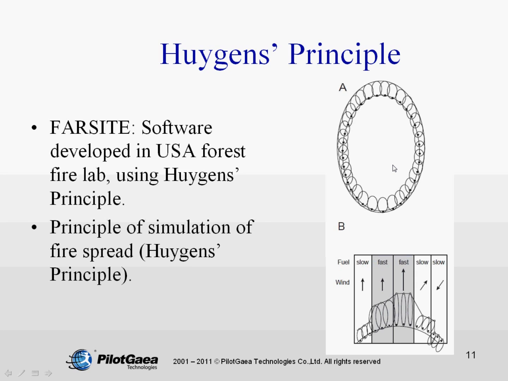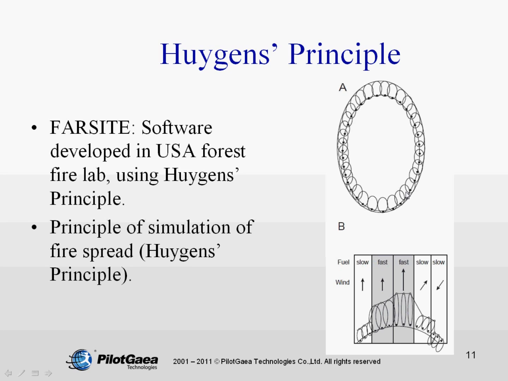The Huygens principle can be described simply: each flame front can be subdivided into multiple small segmental flames, and each small flame can be taken as an ignition point.